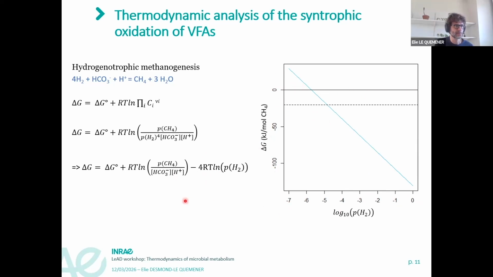So here you have delta G as a function of the logarithm of the partial pressure of H2. So it's logarithm 10 here, so it means that it's 10 to the minus 1 here, 10 to the minus 2 here, 10 to the minus 3, etc. So here you have a lot of hydrogen, high partial pressure, and you have a low delta G. But if you go below 10 to the minus 5, then delta G becomes positive, and according to thermochemistry it's not possible to do the reaction.